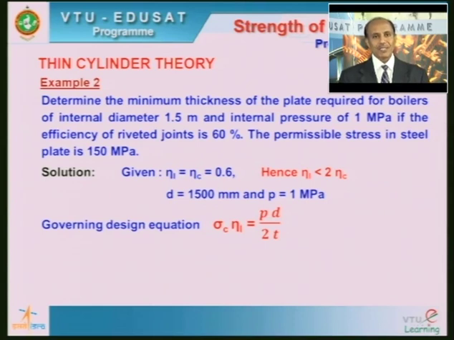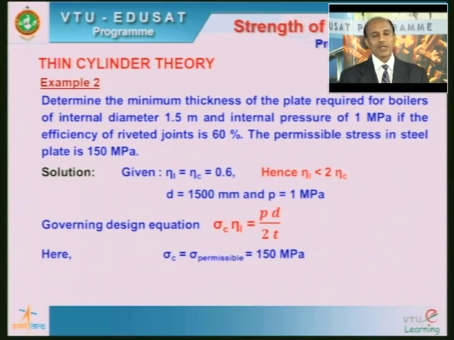When we talk about the circumferential stress, it acts perpendicular to the longitudinal joint, and hence the efficiency we use is eta L, not eta C. In this equation, what we want is the thickness, so we rearrange it.